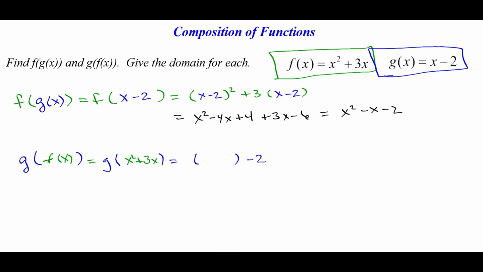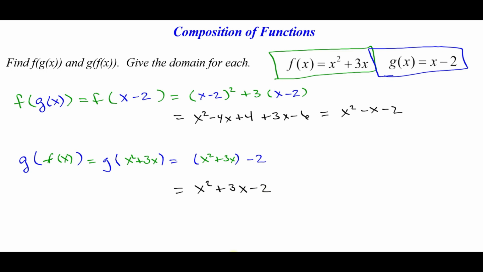And currently what is in my parentheses is x squared plus 3x. Nothing really to simplify here, except we can get rid of the parentheses, so we get x squared plus 3x minus 2. Again, comparing our results, we can see that these are not the same expressions, so we again have a demonstration that composition is not commutative.